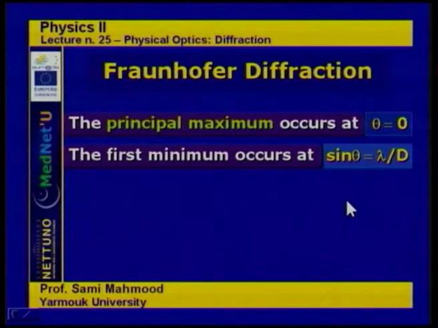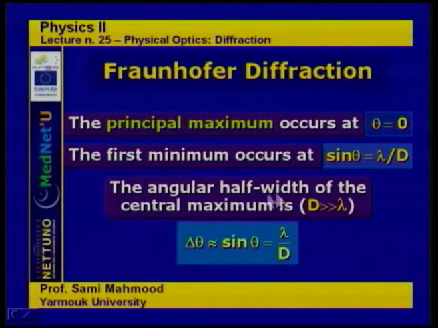Then the angular half width of the central maximum, half of its width, under the condition that the opening of the slit is much larger than lambda, is such that lambda over d is small, so sine theta is of the order of the angular spread itself, which we call delta theta.